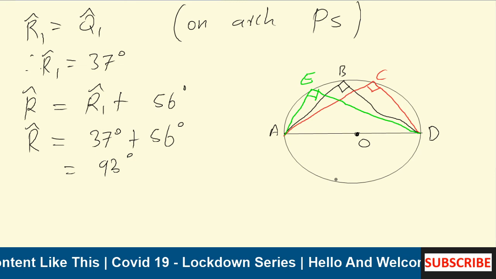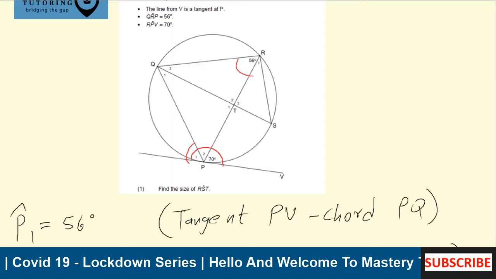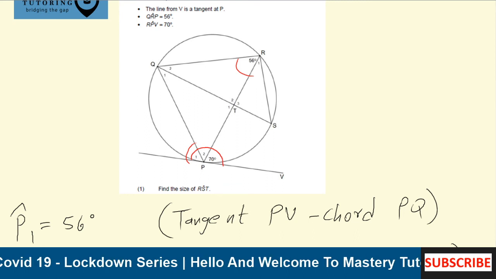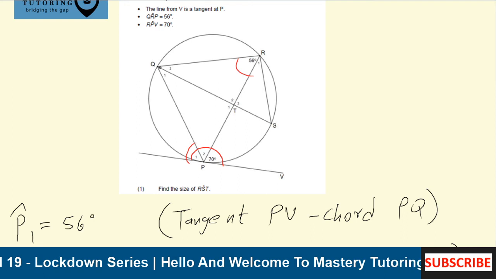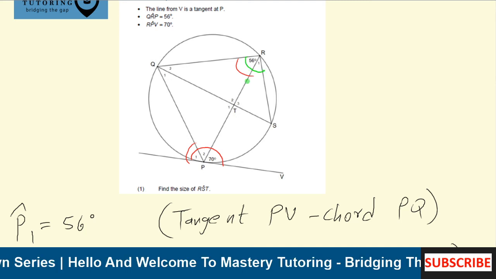So now when we go back to our diagram, let me quickly scroll up to the diagram. We have a similar approach here. If this has to be a chord, it means this whole angle here has to be 90 degrees.